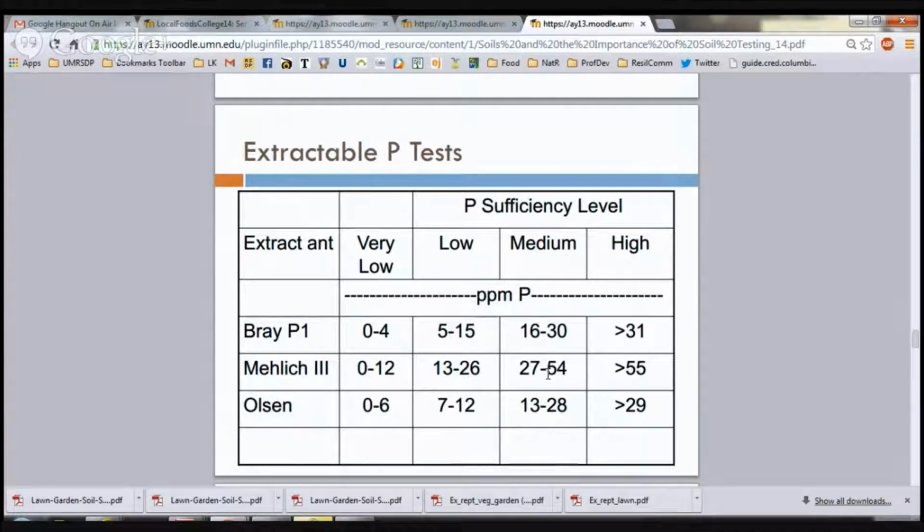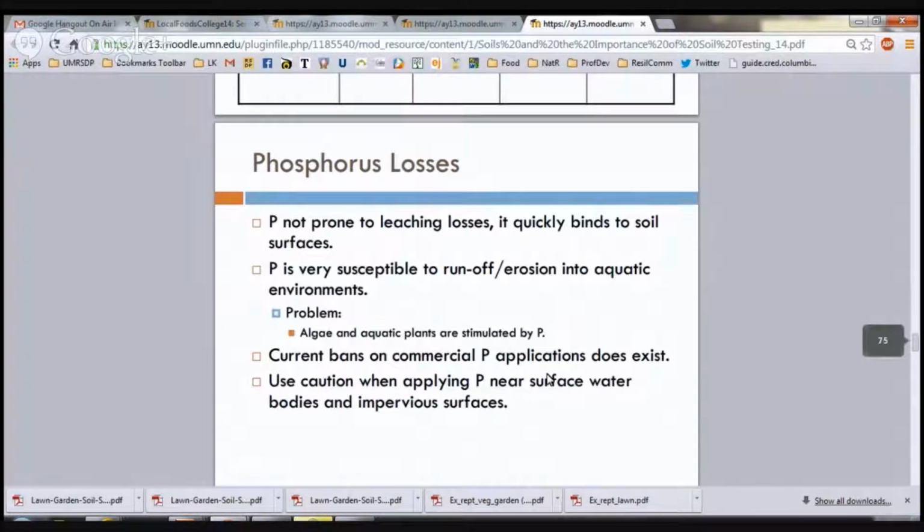These are usually provided in the fertilizer recommendations for crops and for the fruits and vegetables PDF, but they're also on the website for the soil testing facility. Okay, so you can refer to that information as well.